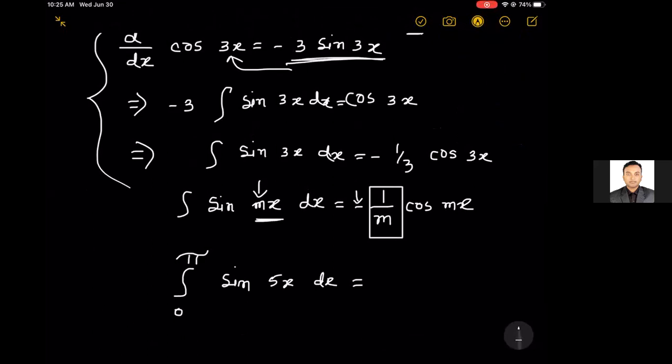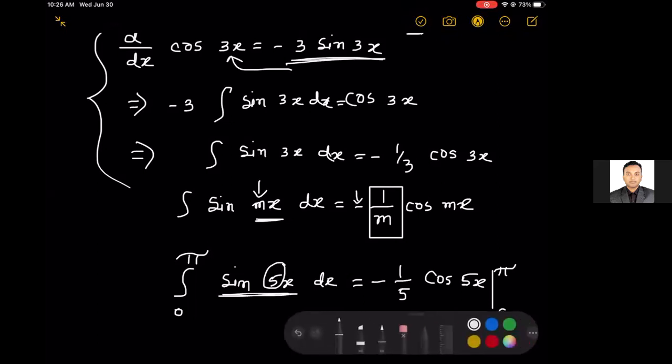What would be the answer? Obviously, for the sine function, we'll have negative 1 over m, that means 1 over 5 cosine of 5x, and we're not yet done. Since it's a definite integral, we need to evaluate this at the limit points, upper and lower limits. This is a 0, by the way.